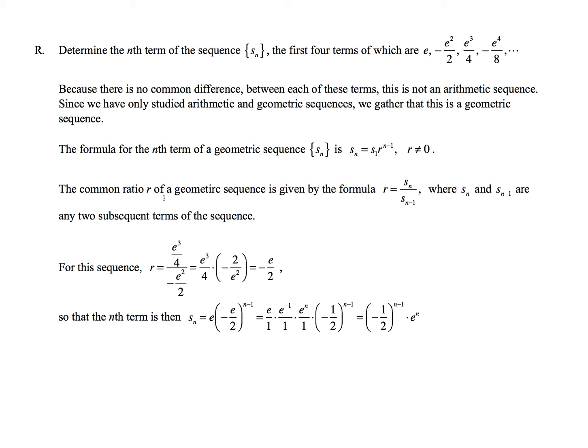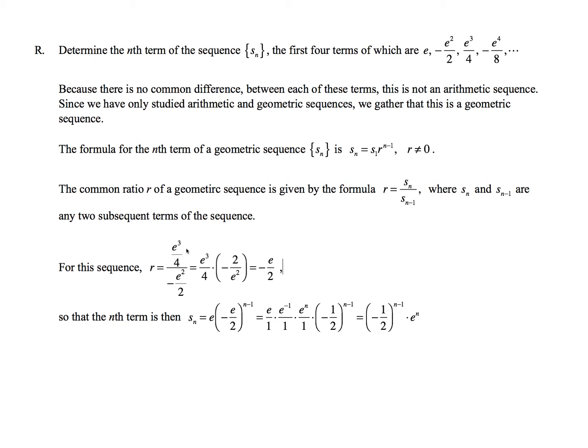And the common ratio of a geometric sequence is given by the formula S sub n over S sub n minus 1. So these are any two subsequent terms of the sequence. You can choose any two, but to calculate the common ratio, I have chosen e cubed over 4 as my S sub n, and my S sub n minus 1, the one just before that, I've chosen negative e squared over 2.